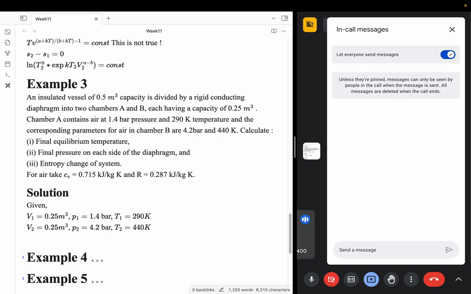So first thing, how will I calculate the final temperature? One thing is clear, whatever the final temperature is should be the same for both the chambers. It has reached an equilibrium.